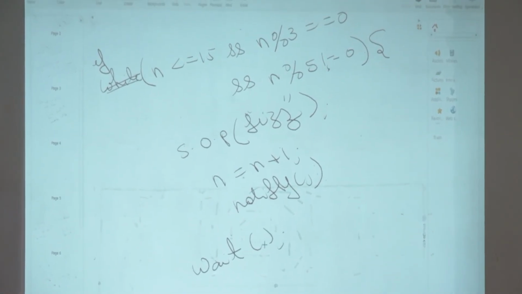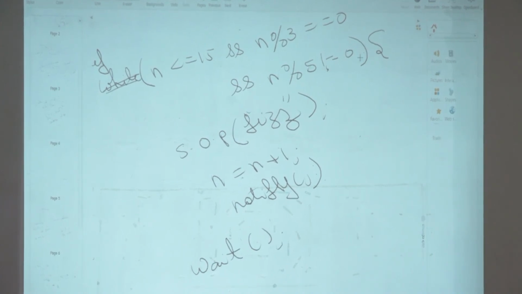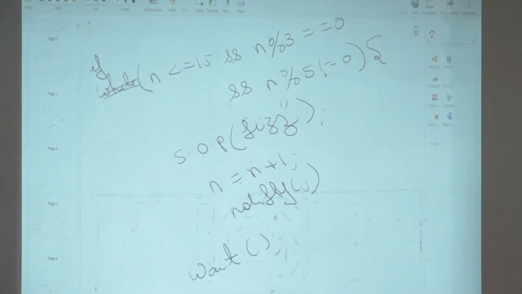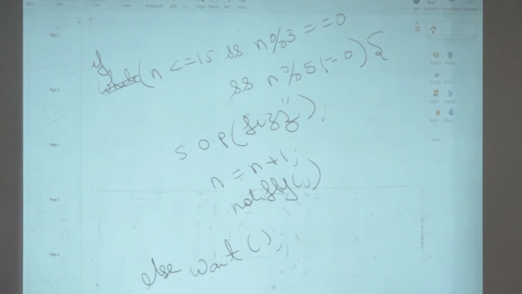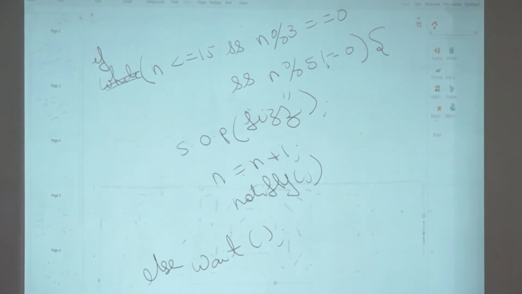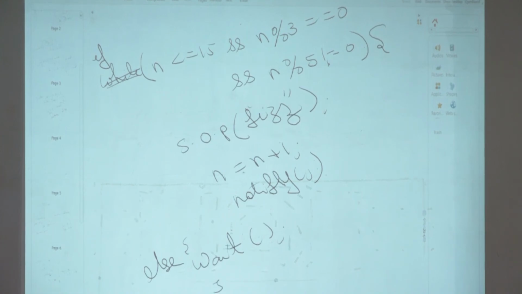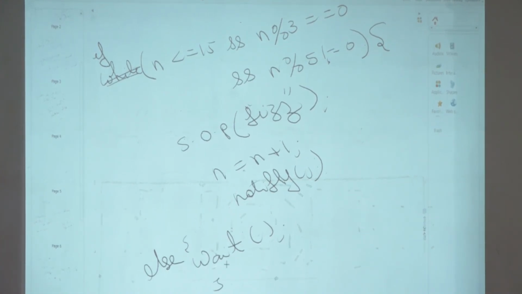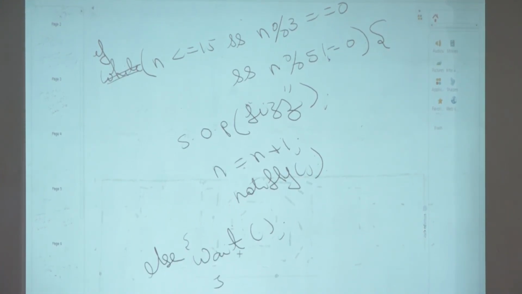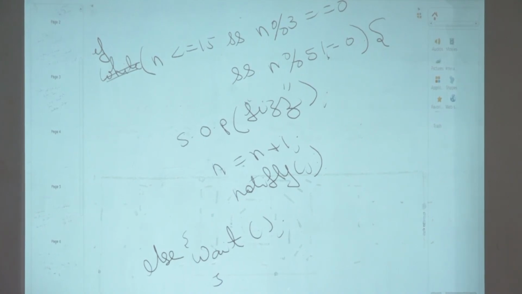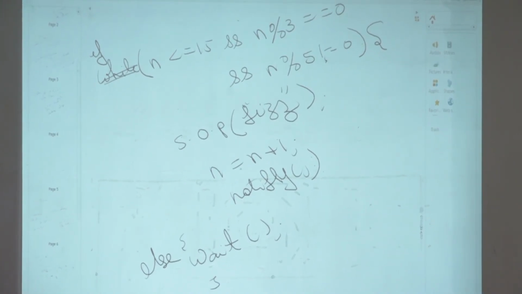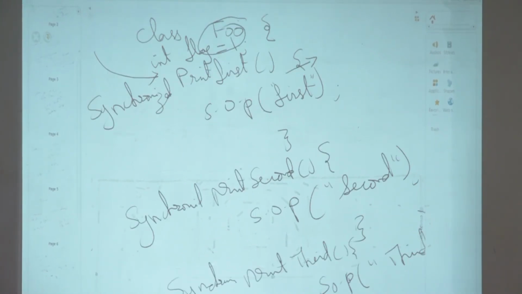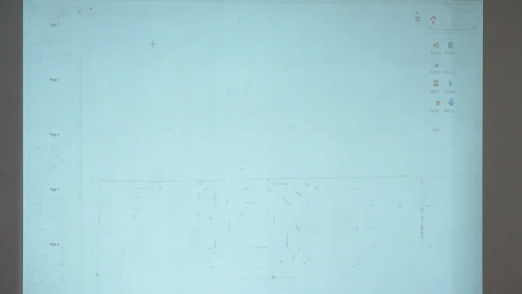Okay, this is a slightly different code. If this condition is fulfilled, I should do this, else I must wait, because if this condition is not fulfilled, I'll do a wait condition, and this whole thing, because it has to run contiguously, I'll put, okay.